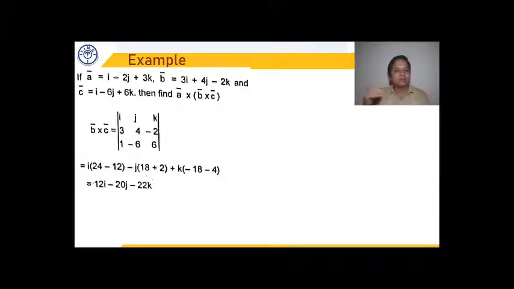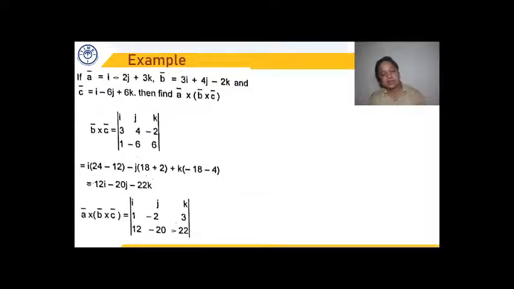But we have to find A cross B cross C. Now we take A as the first vector and B cross C as the second vector, and again apply the cross product. It's i, j, k; the coefficients of A are in the second row, 1, minus 2, 3, and the coefficients of B cross C in the third row, 12, minus 20 and minus 22.